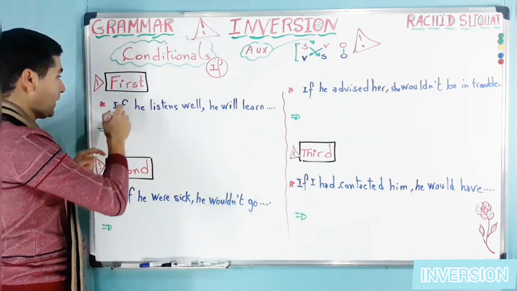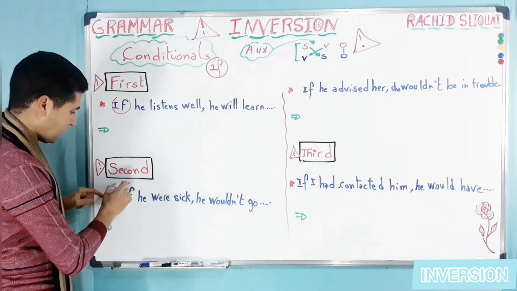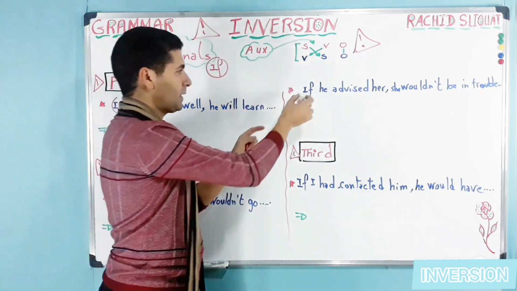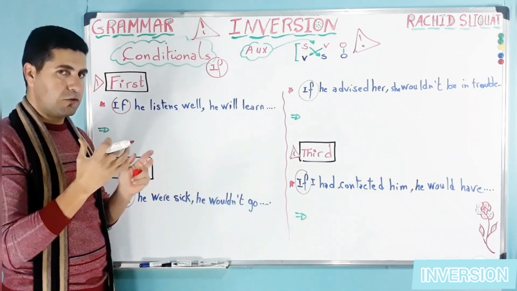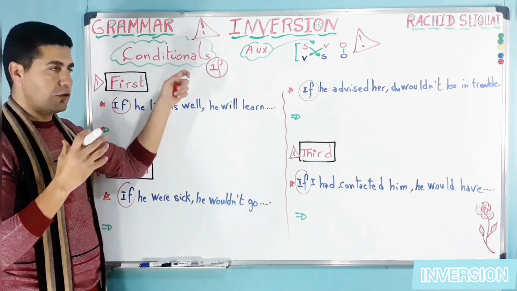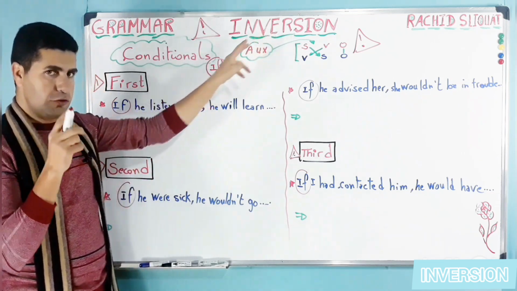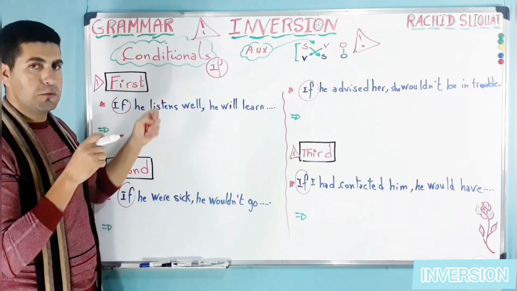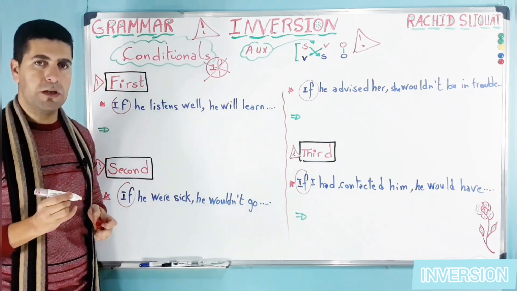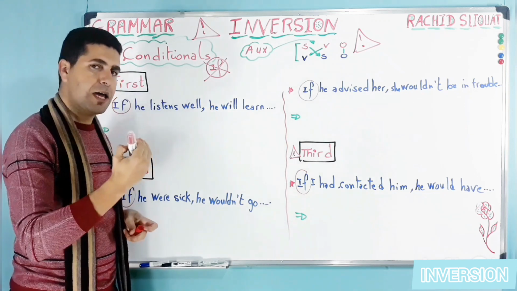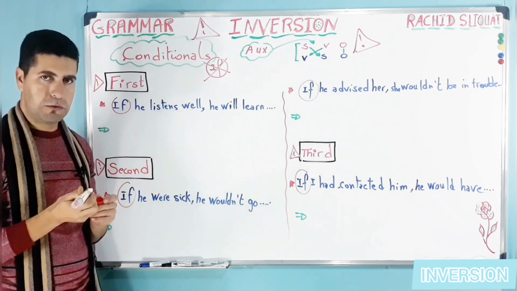For example, here we have if, and here we have if, and here again if, and in number 3 if. So if is a very essential part of the conditional. Now, when we talk about inversion with conditionals, we always remove if. We always remove if and we apply inversion, as we are going to see here.